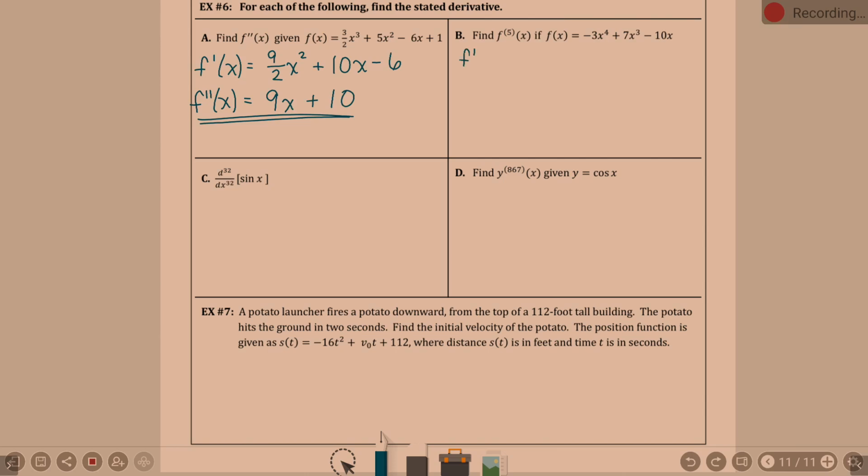It goes quicker than what you think. There's no fractions in this one. Give yourself credit. What's the first derivative? Negative 12x cubed plus 21x squared minus 10. Second derivative: negative 36x squared plus 42x.